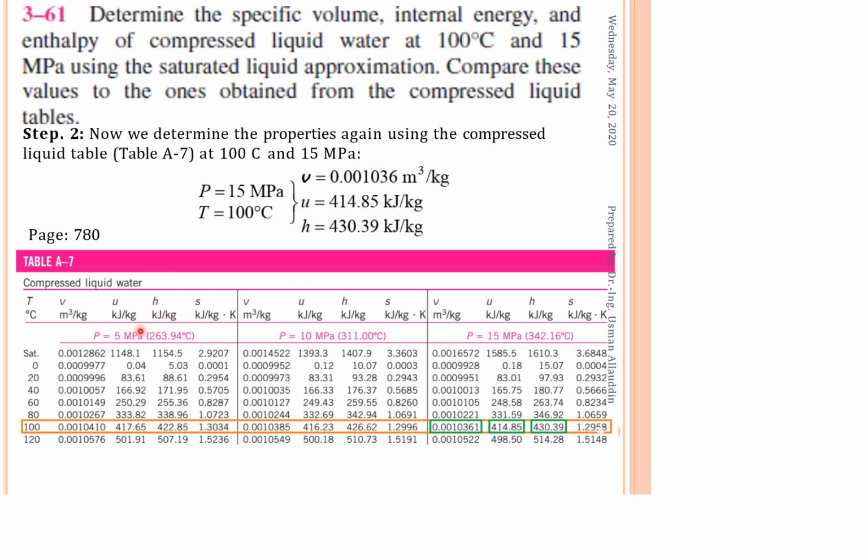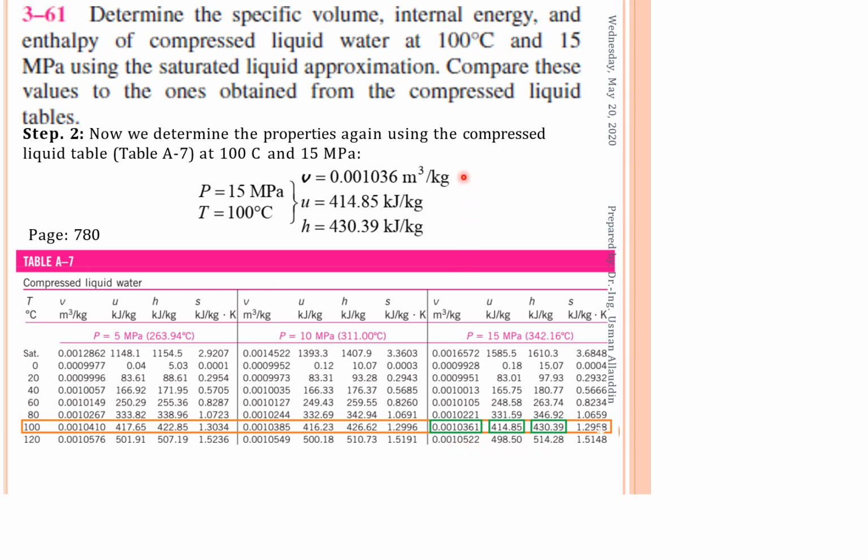Here we have 5 megapascal, here we have 10 megapascal, and here we have 15 megapascal. So this is the right table, and in temperature we will look at 100 degrees Celsius and slide into here and find out the values of V, U and H.